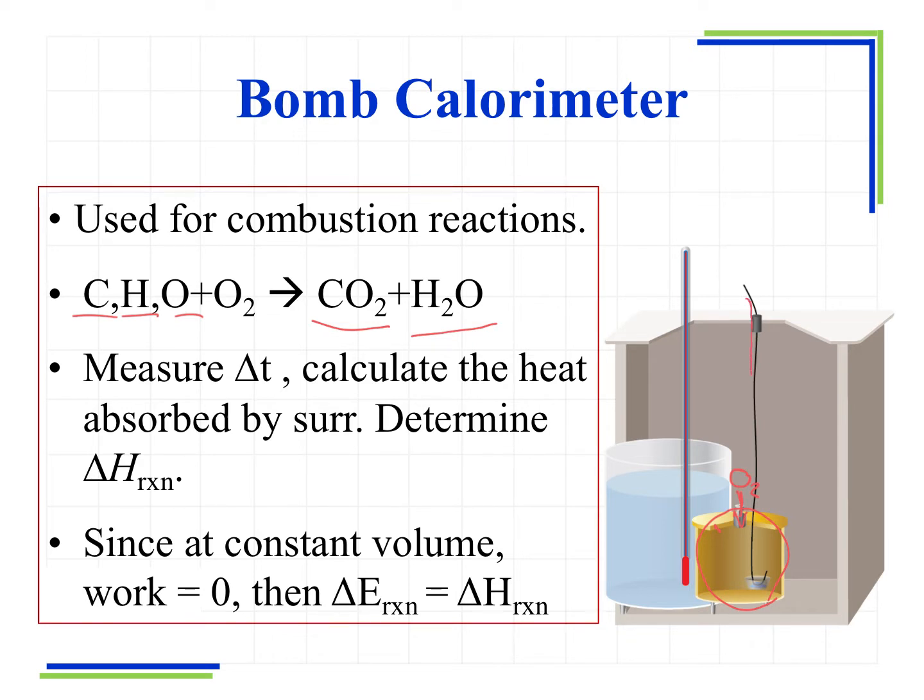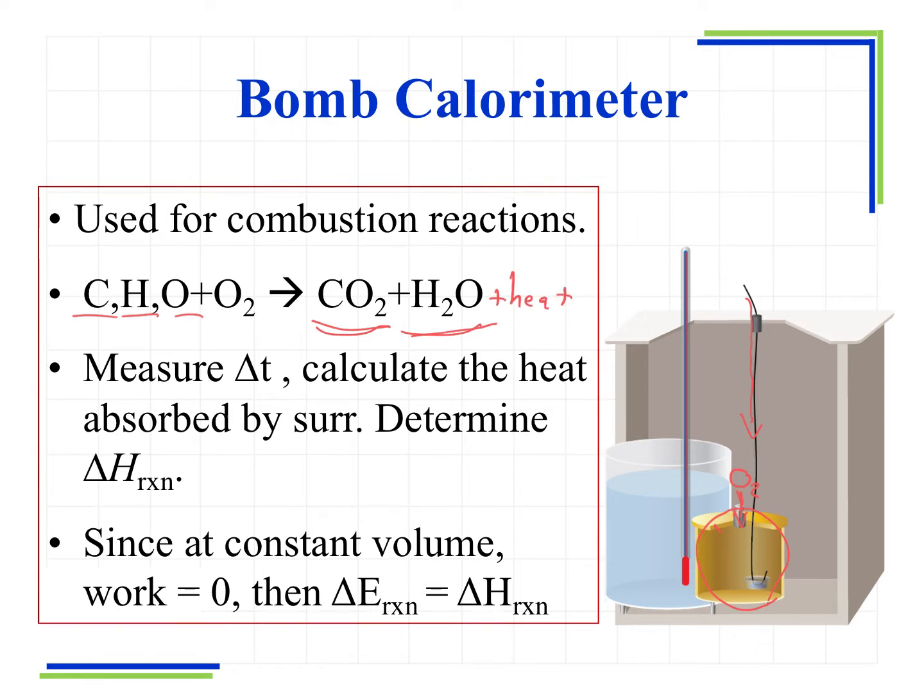We have this wire going into the container, and that can generate a spark, and that can start the reaction. When it starts the reaction, you're going to produce CO2 and H2O gas, and the reaction moves forward. It generates some heat. It is an exothermic reaction, so that will be plus heat.